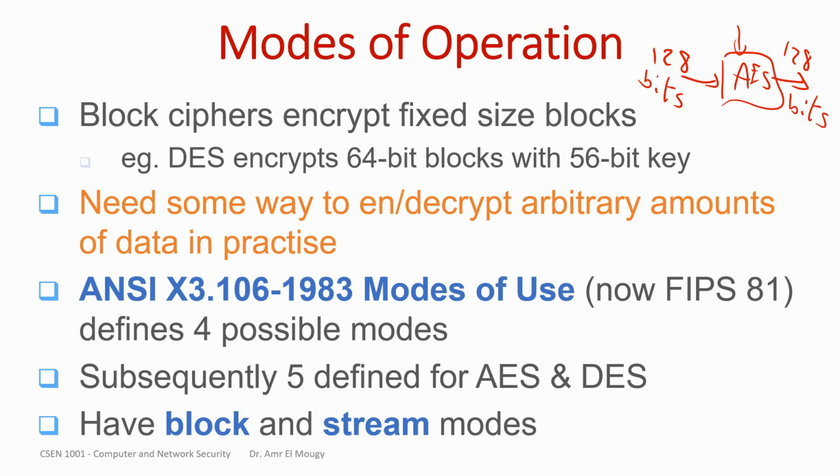How should you pass them to the AES algorithm such that the output of the encryption is still secure? Because it turns out that the way that you pass several blocks of plain text to the encryption algorithm has a significant impact on the security of the output of the encryption algorithm.